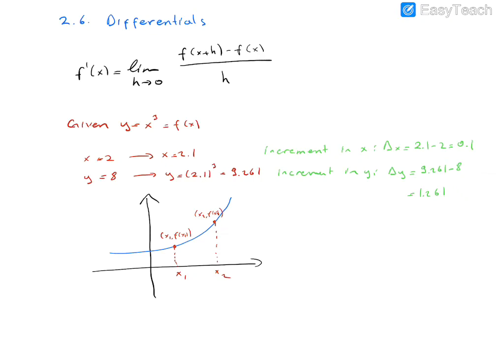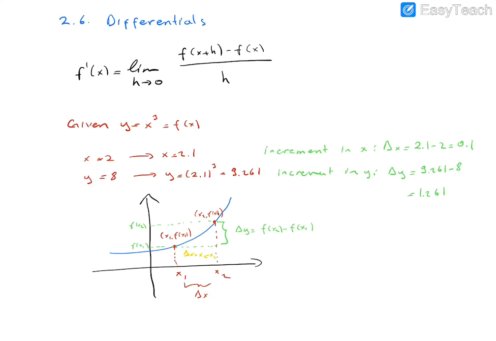This is the increment in y. What is that value? This is f of x2, this is f of x1. So delta y equals f of x2 minus f of x1. This length is delta x, exactly, because the increment in x is delta x equals x2 minus x1.